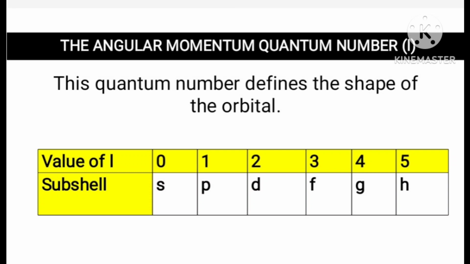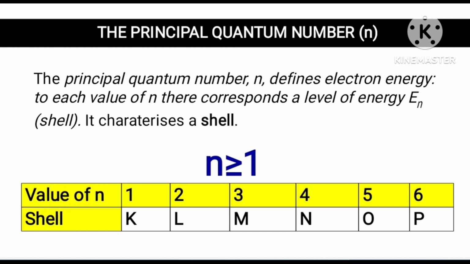It will be spherical. If you remember the shapes of the orbitals, p looks like an 8, s has a spherical shape, d looks like a flower, etc. If the value of l is 0, it will be the s subshell, 1 is p, 2 is d, etc. From this table, we can see it clearly.